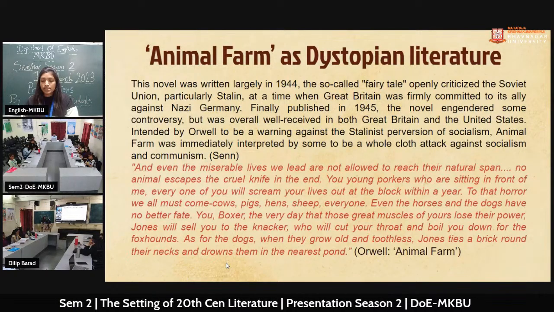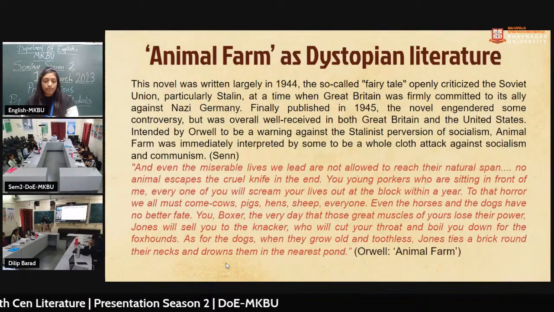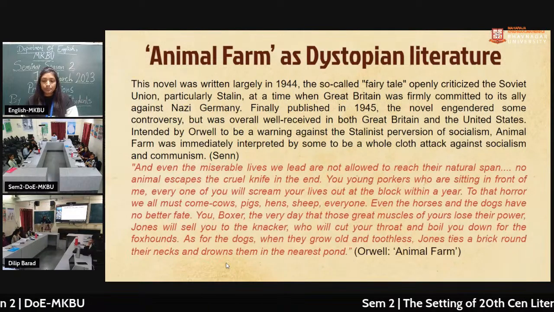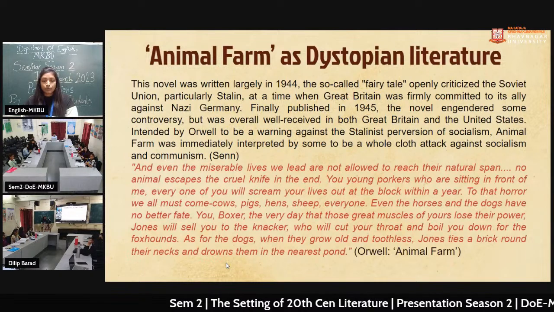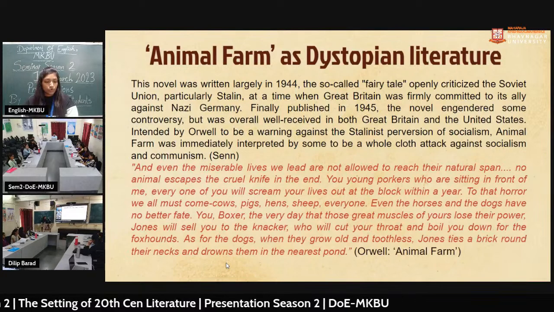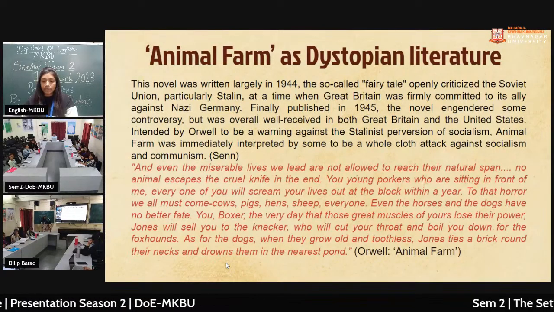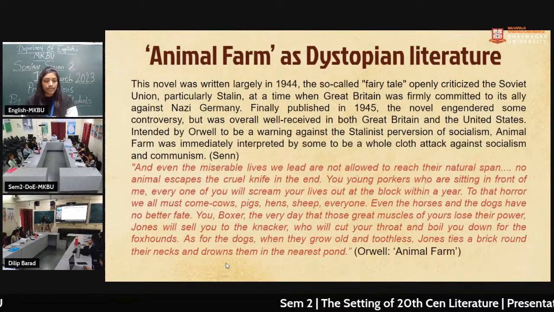Even the horses and the dogs have no better fate. You, Boxer, the very day that those great muscles of yours lose their power, Jones will sell you to the knacker, who will cut your throat and boil you down for the foxhounds. As for the dogs, when they grow old and toothless, Jones ties a brick round their necks and drowns them in the nearest pond.